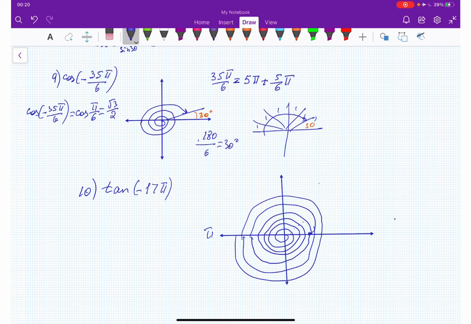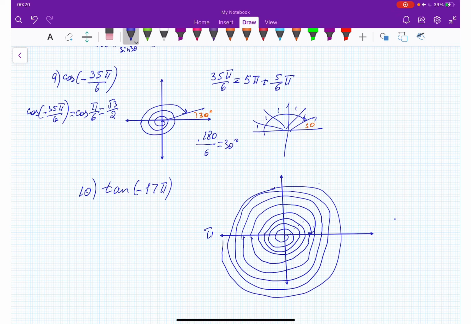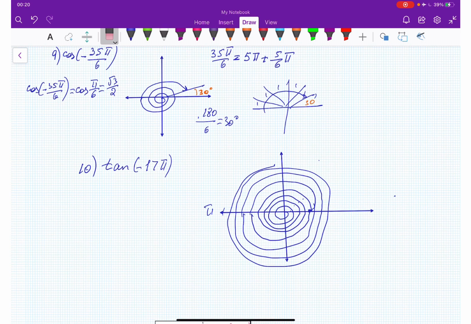So I will go as many times as I have to, considering, let's assume this is 17. Because if you noticed, an odd amount of pi, I end up here. An even amount, if I go one more, I get back to the start. So this is going to be my terminal side, considering I counted 17.